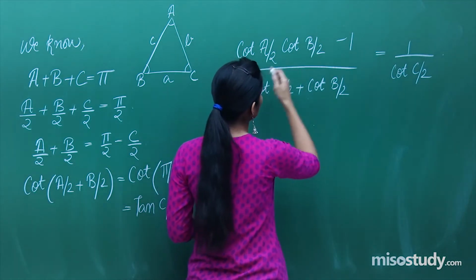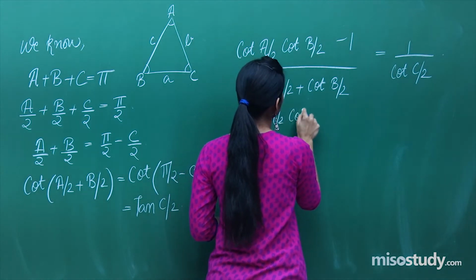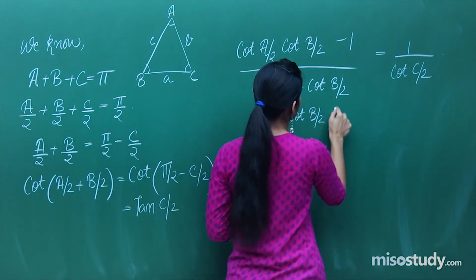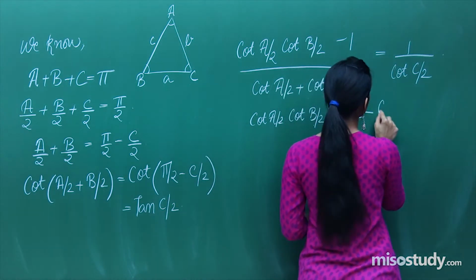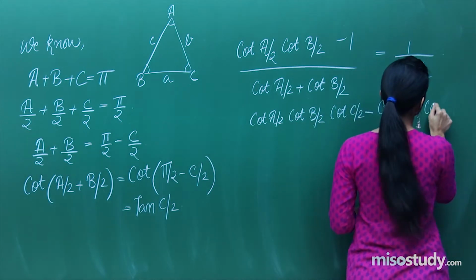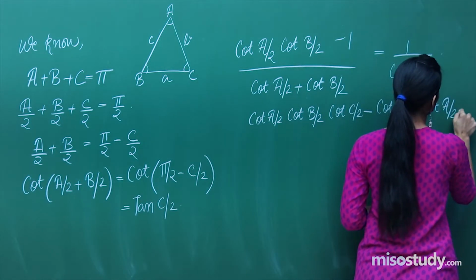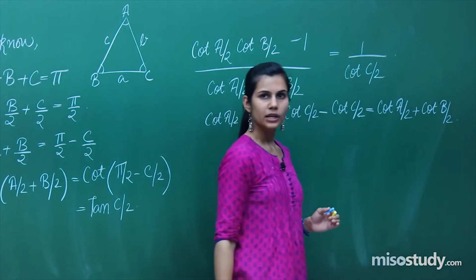Now just cross multiply, what you get is cot A by 2, cot B by 2, cot C by 2 minus cot C by 2 is equal to cot A by 2 plus cot B by 2. Fine.